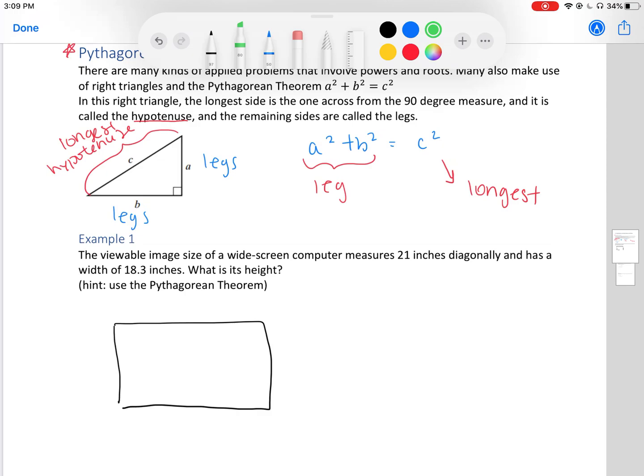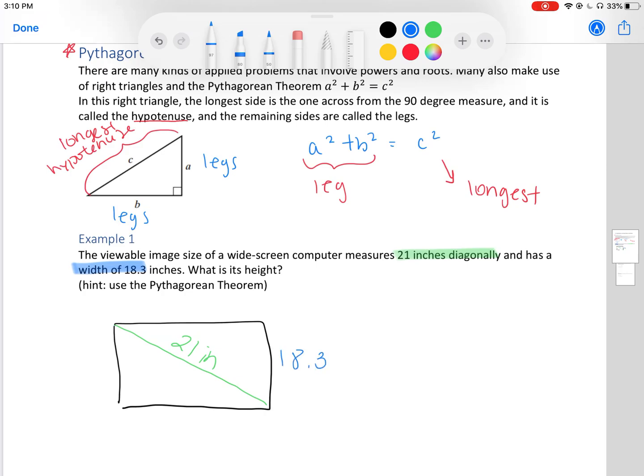Now, the important thing it says is that it measures 21 inches diagonally. So across is 21 inches, and it has a width of 18.3 inches. So that width of 18.3 is right here.